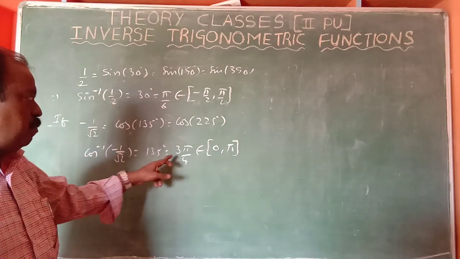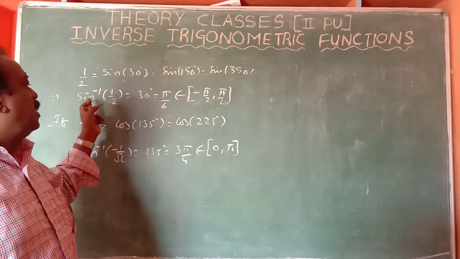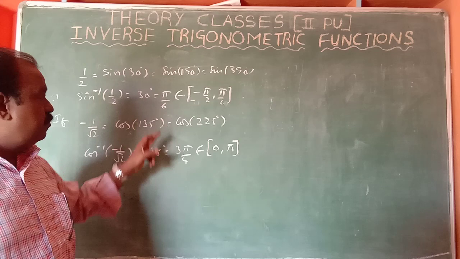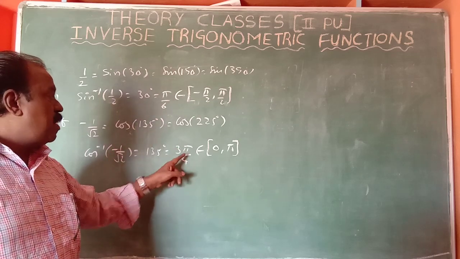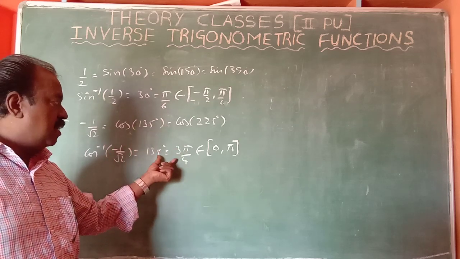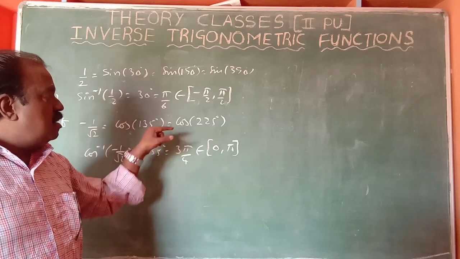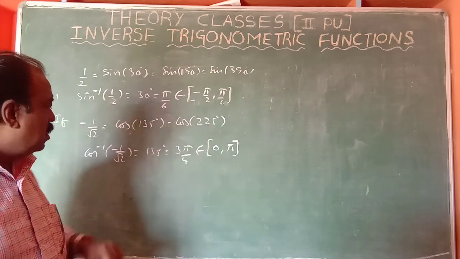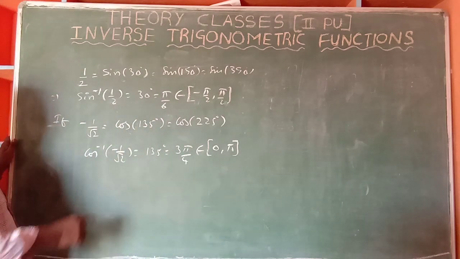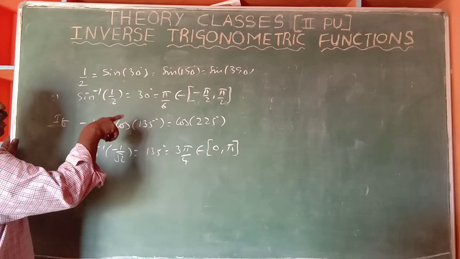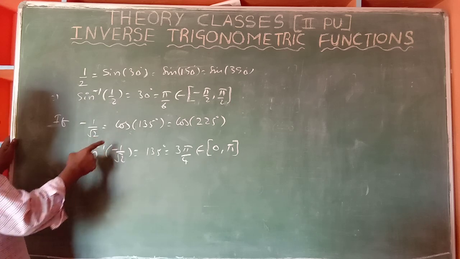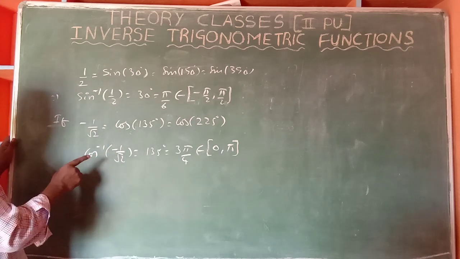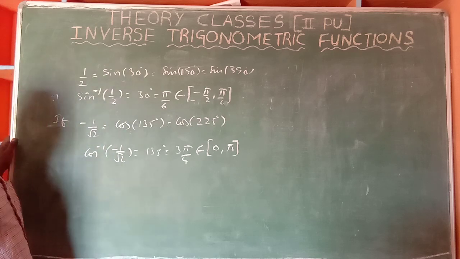This is the principal angle, as in the case of sine also. The first value of the angle, here also 3 pi by 4, is the principal angle, which lies between 0 and pi. This is a rule. So in order to get the angle, we need to find the cosine inverse. That is the reason we are learning this chapter.